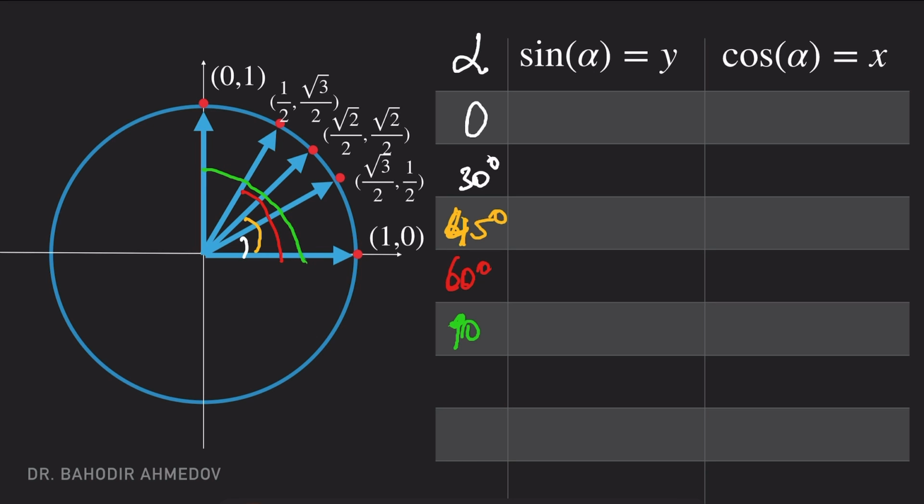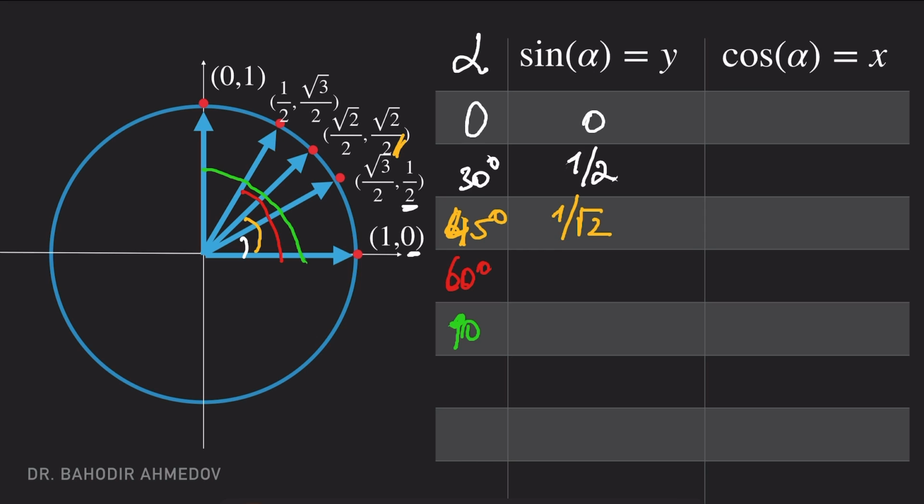Okay? So at 0, the sine, which is going to be the y value of this point, is going to be equal to 0. At 30 degrees, the y value of the point is going to be equal to 1 over 2. At 45 degrees, you see, the y value of this point is going to be equal to 1 divided by the square root of 2.